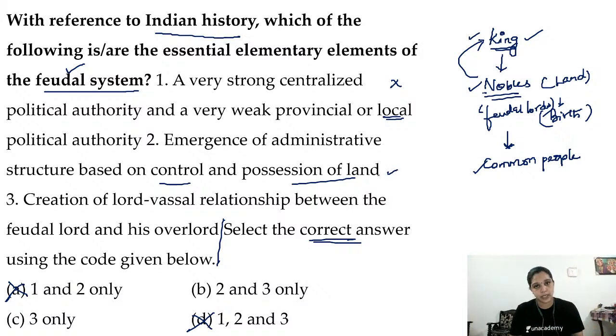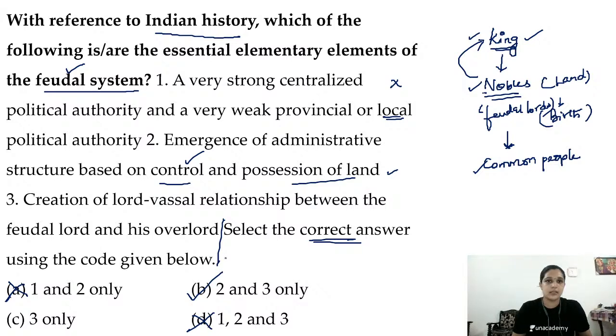Even today, land is seen as a symbol of power. It is seen as a symbol of pride. Even though the families are very much struggling, they don't sell the land, because they don't see the land as property, but as a control or a family pride mechanism. So in that concept, the second statement is right. Since the second statement is right, I'm choosing second and third only.